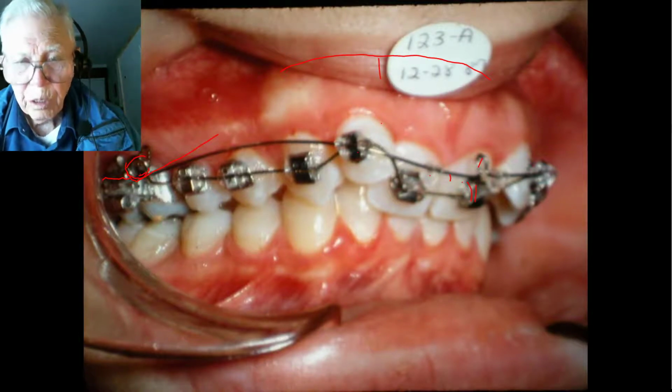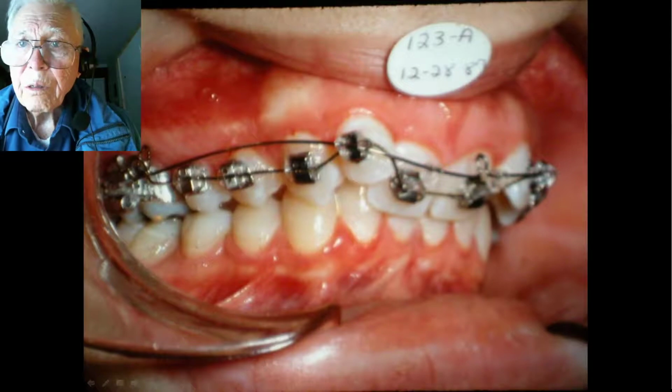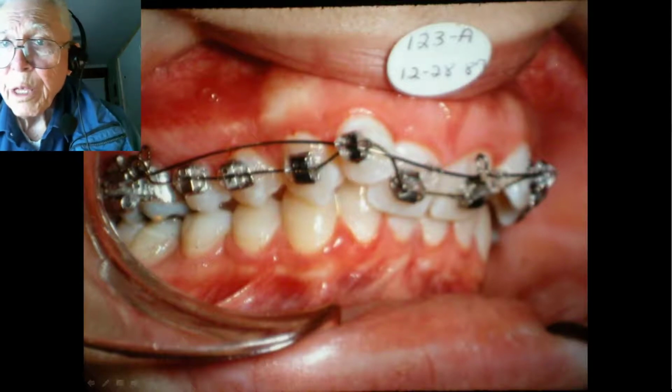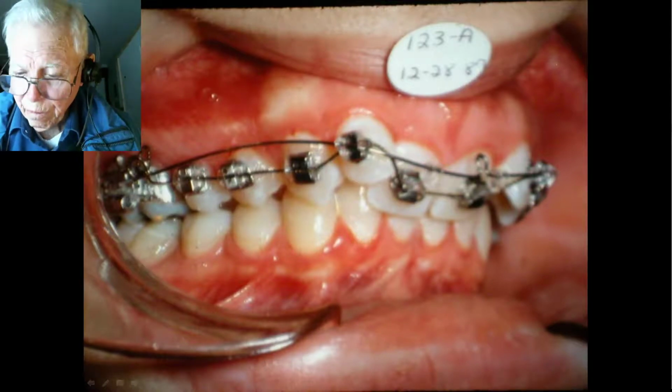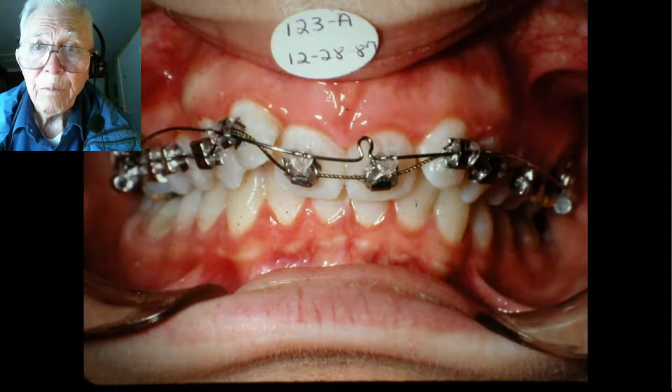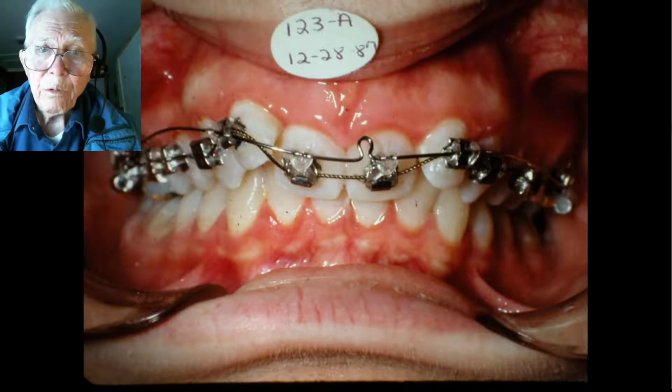And this was, I think, 12/28 of 87 when we hooked this thing up. That's about 2 days in December, I think, 2 or 3. And we hooked it up like this.